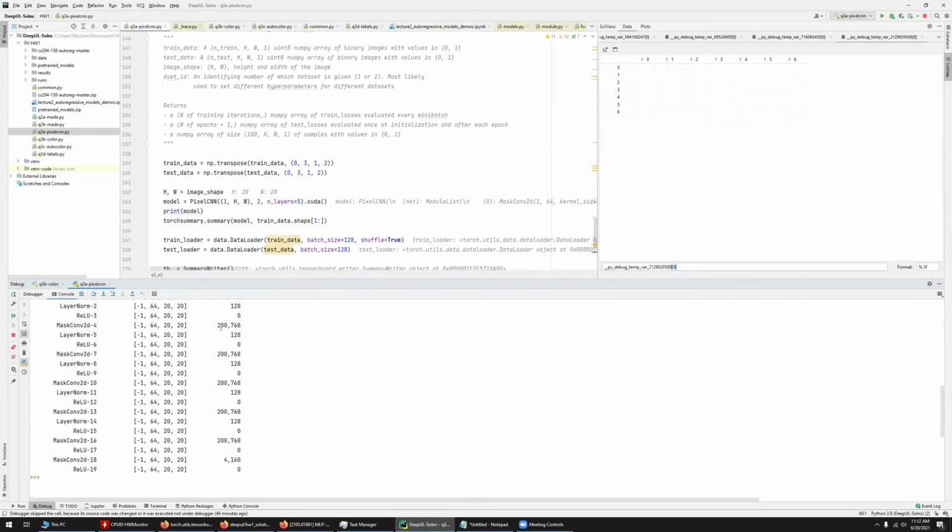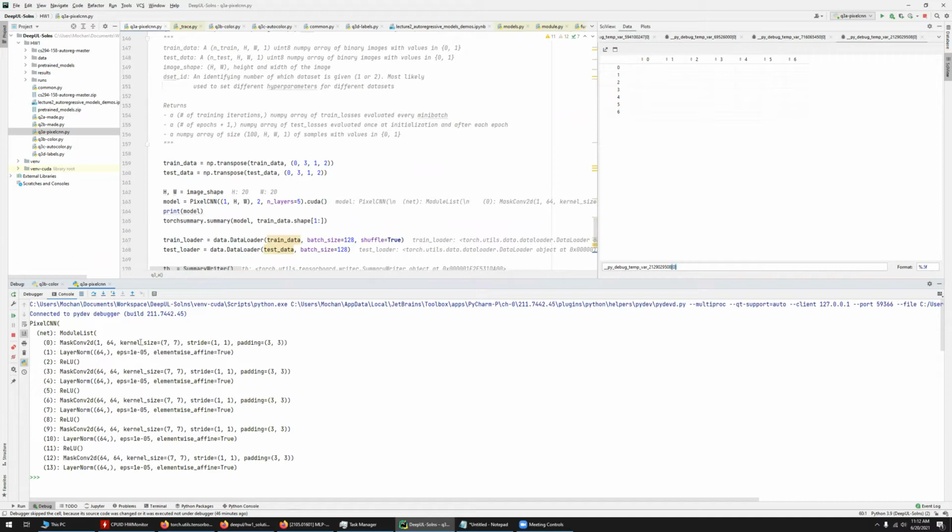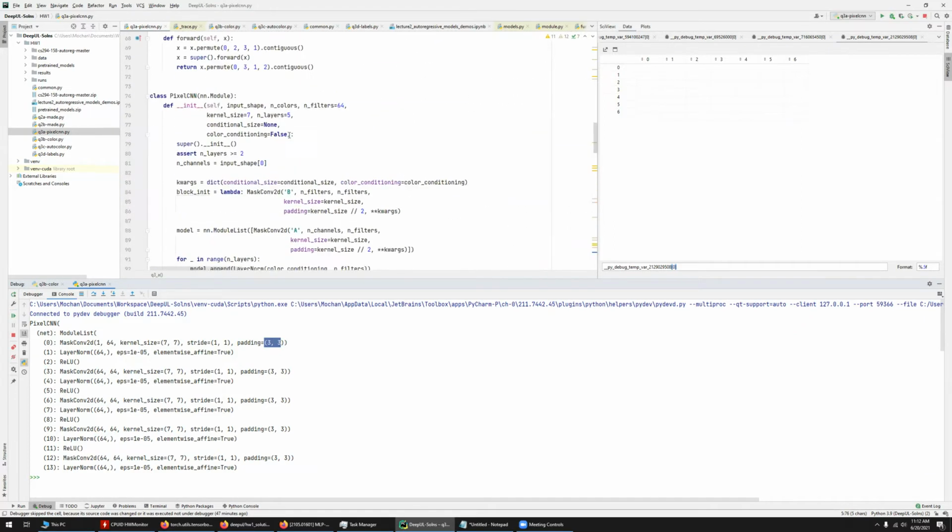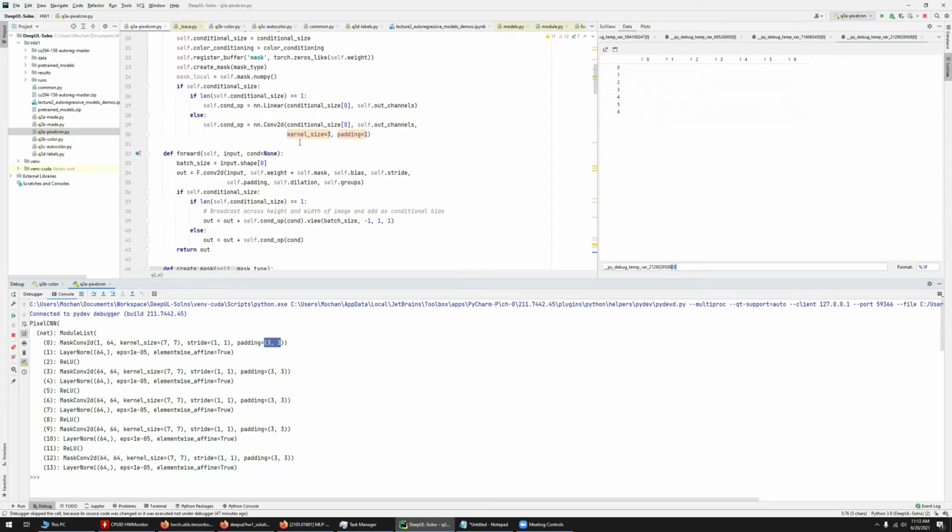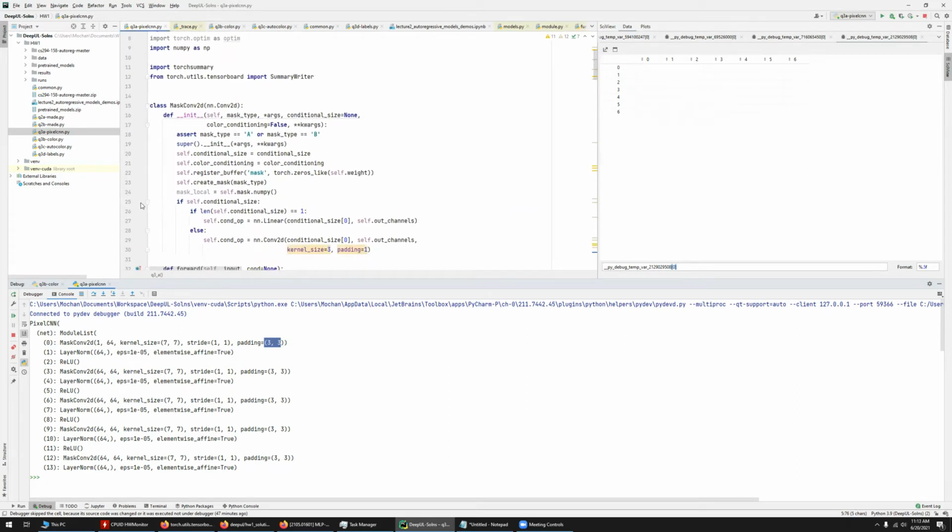Since each has kernel size 7 and padding 3, all the masks match up, because that's the only mask you need. You have 3 by 3 padding, so the first pixel is in position 3 by 3, and all the rest can be padded. Does that make sense why the mask is that way? Okay, we can look at the mask again.